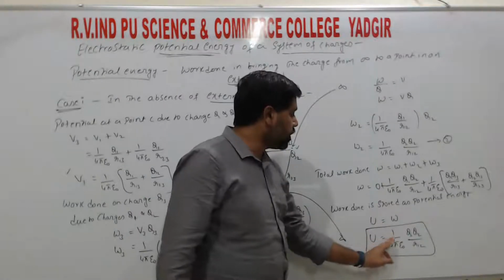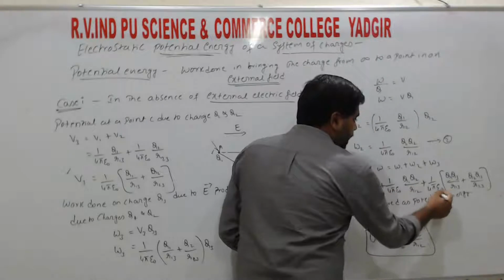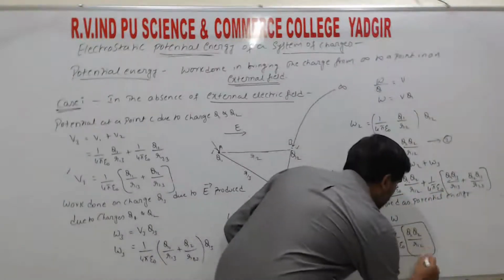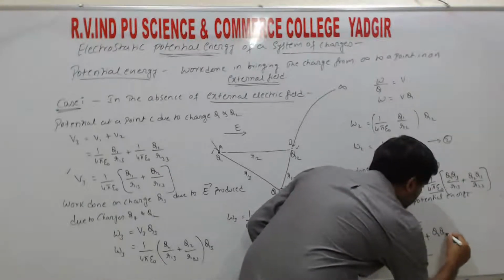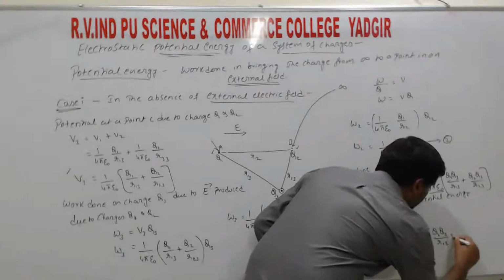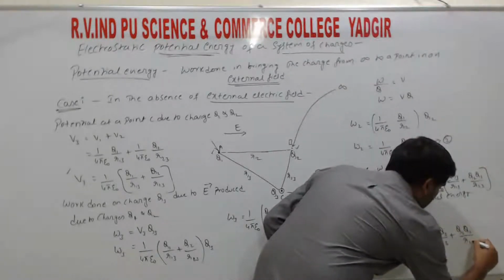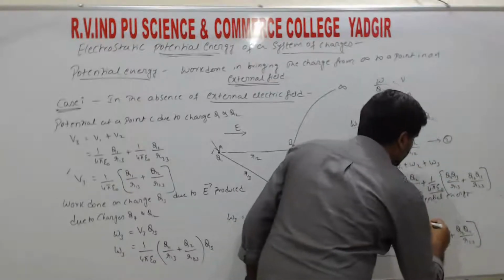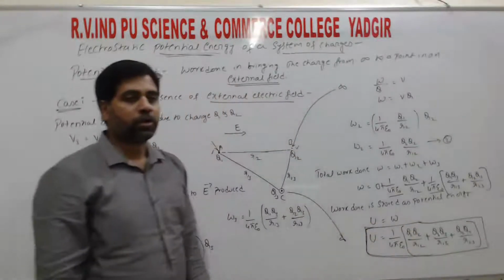So U is equal to 1 by 4 pi epsilon naught. In these terms, you can take this term as common, so taking common, Q1 Q2 by R12 plus Q1 Q3 by R13 plus Q2 Q3 by R23. So this is the potential energy due to the system of charges.